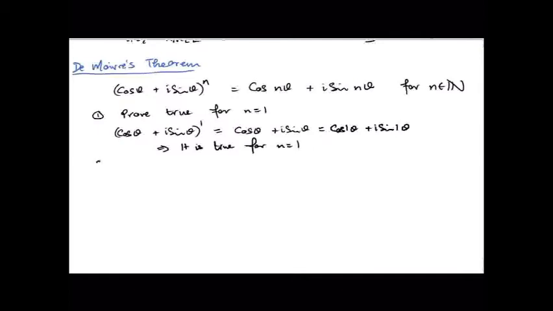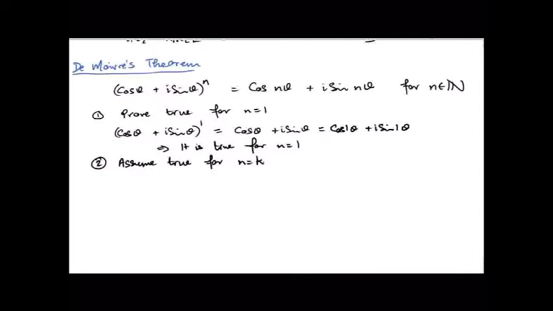Now, second thing. What do I do now? I assume it's true for n equals k. Alright? In other words, some random domino in the middle. Remember we talked about a line of dominoes.